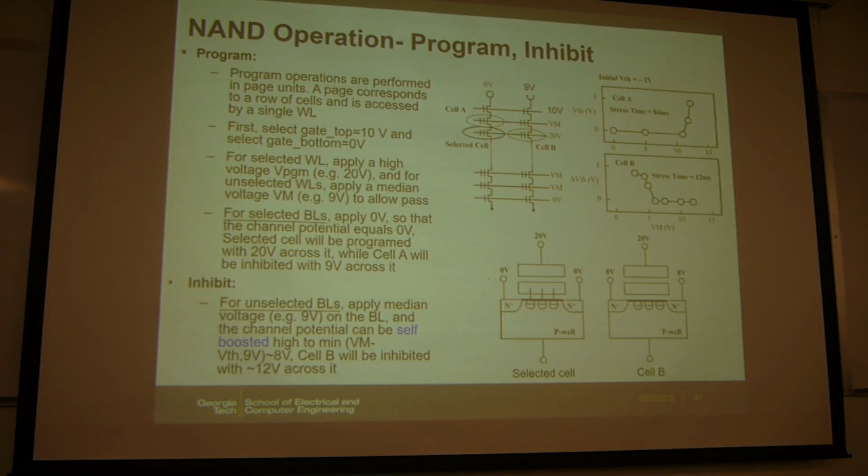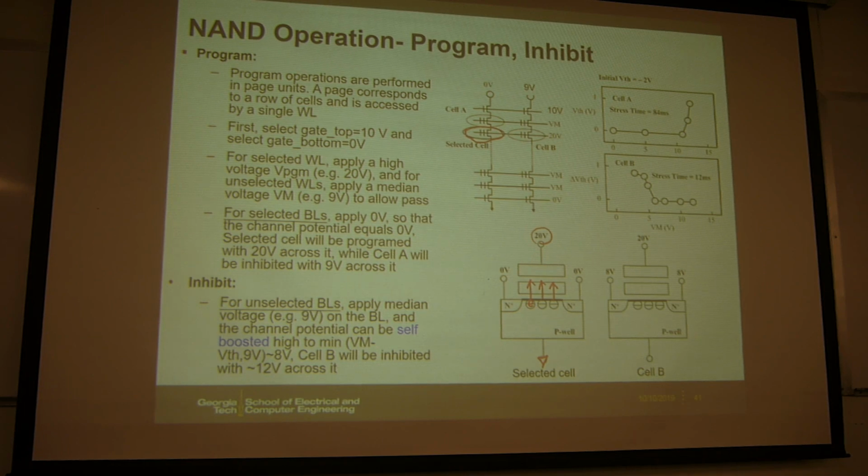And then let's look at the program. It's a bit tricky here. So let's say if this one is a selected cell to program. For the program, what you want to do is to have FN tunneling again, but this time you want 20 volts to the gate and the ground substrate. So electrons will tunnel through this way, go into the floating gate.